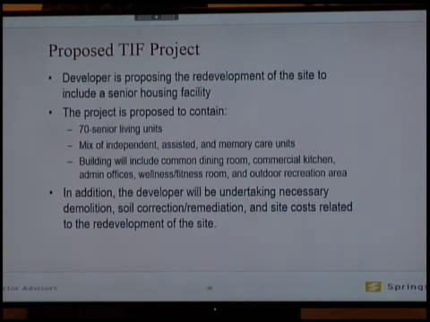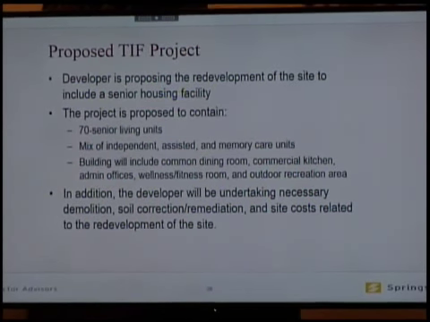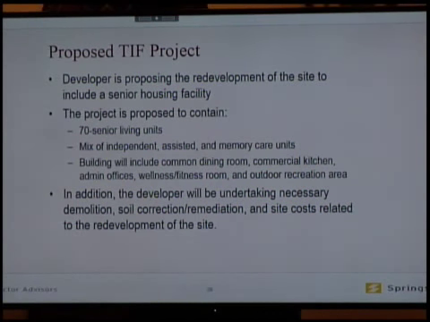And as I said, Trident is represented here tonight, so if you have questions about the project, they'd be happy to answer them. In addition, the developer is undertaking the demolition of the former bus garage, the soil corrections, and whatever remediation would be required there, and other site costs related to development.